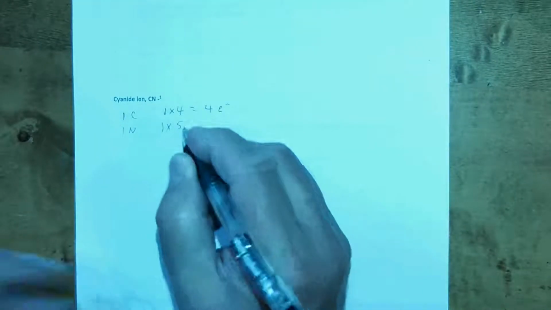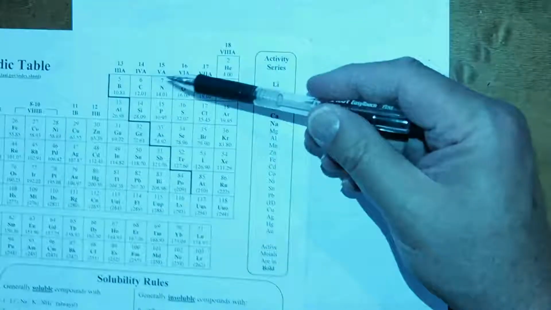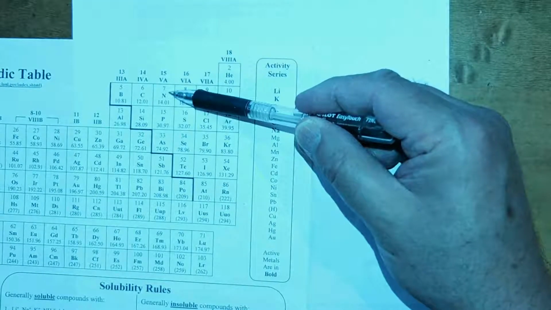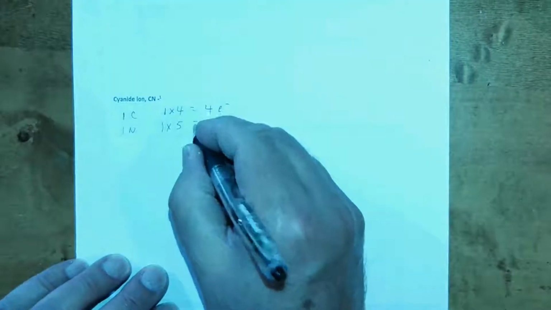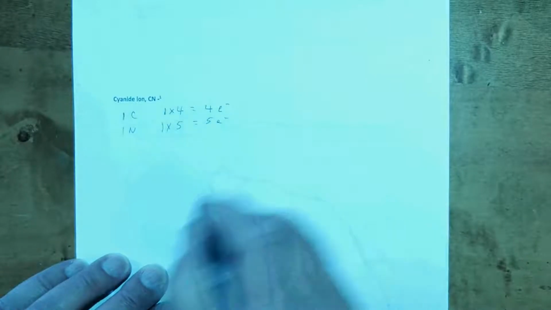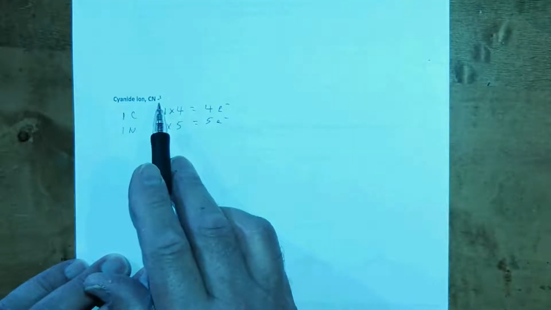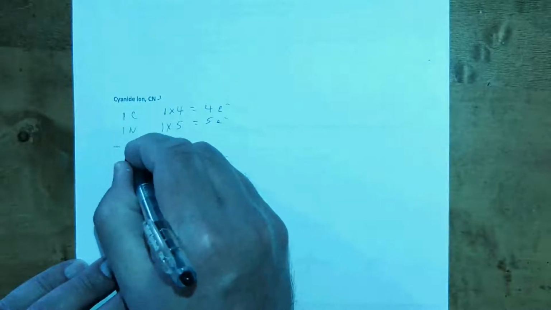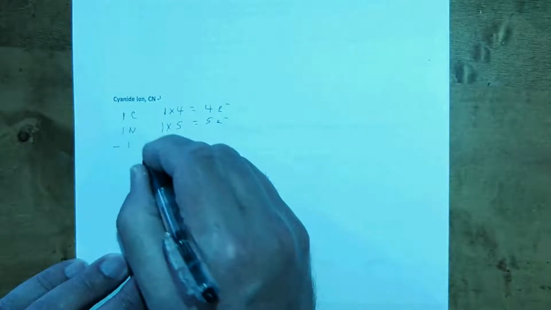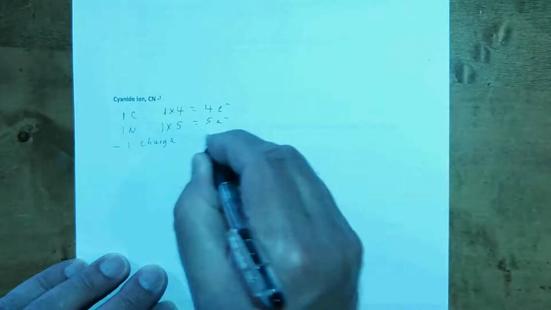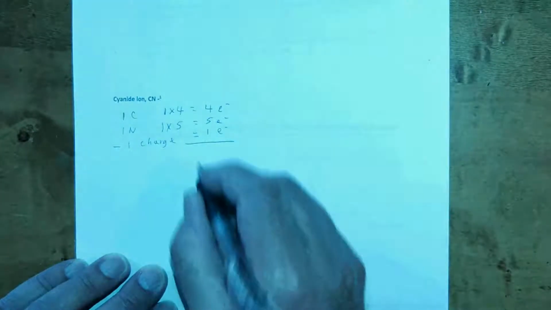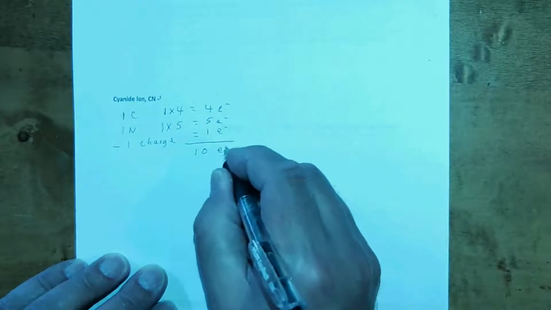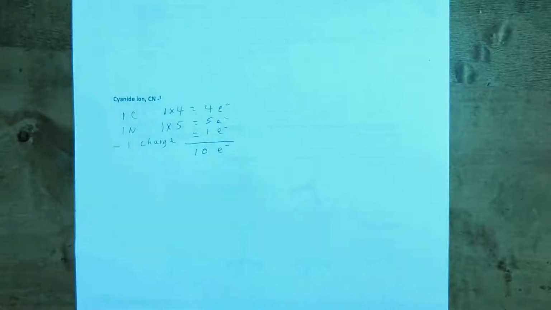Nitrogen's in group 5. So nitrogen brings 5 electrons in. You also have that -1 charge. A -1 charge means it has 1 extra electron. Add all this up, and you'll see that cyanide ion will have 10 valence electrons in it.